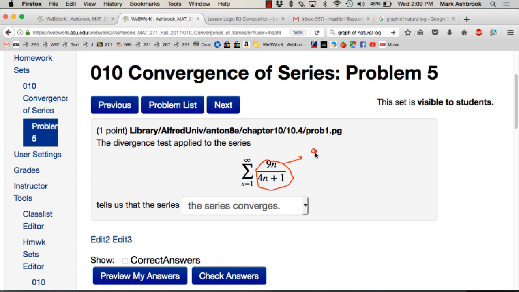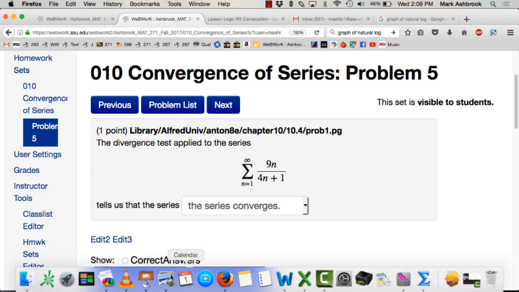Meaning when we get out far in this list, we essentially have 9/4, comma 9/4, comma 9/4, comma 9/4, indistinguishable from 9/4 over and over again. Now we're going to add those all up. What's going to happen? It's going to keep increasing by 9/4 every time we add. So this can't converge, right? This is divergent by the divergence test.